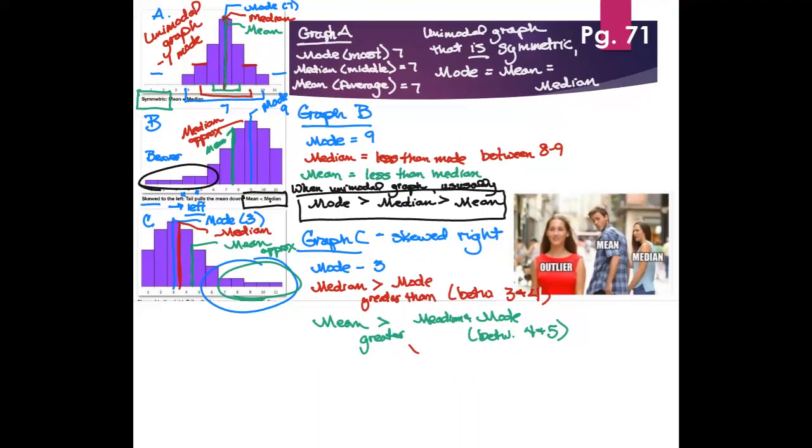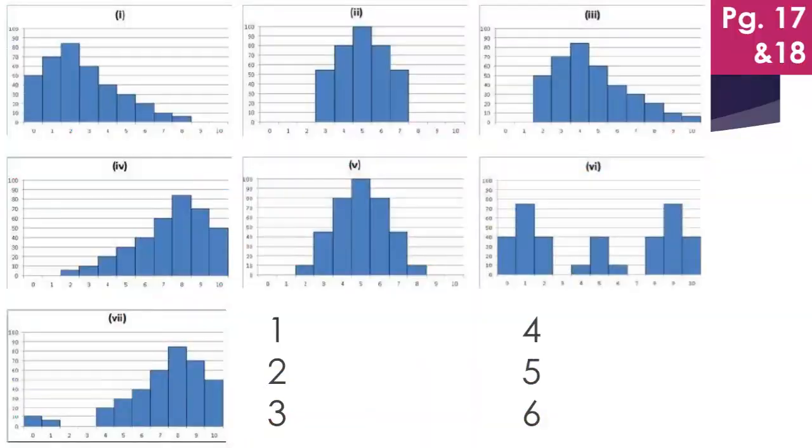All right. Any questions about any of those? How you recognize the mean, the median, or the mode of them? Of any of them? Okay, so let's turn and go to page 17 and 18, and let's look at these graphs.